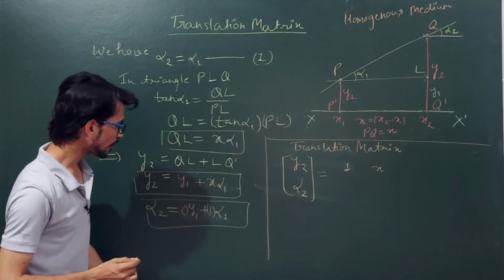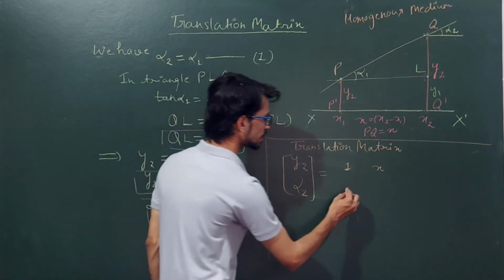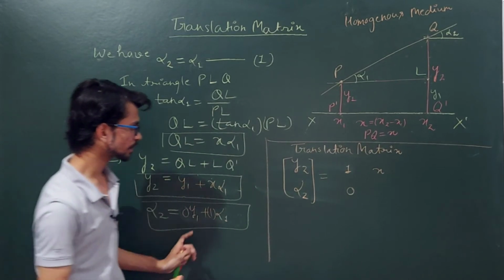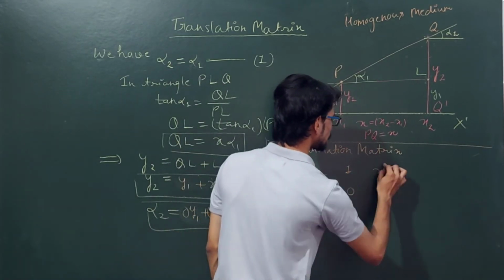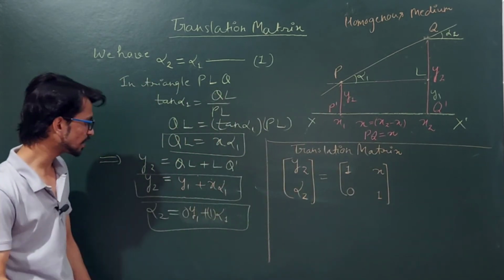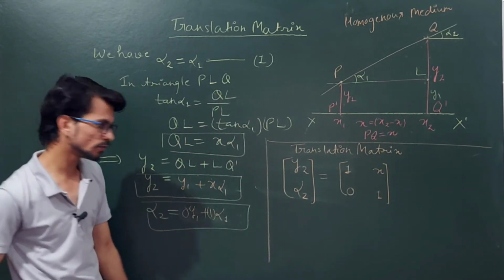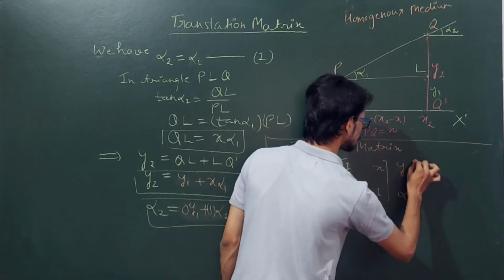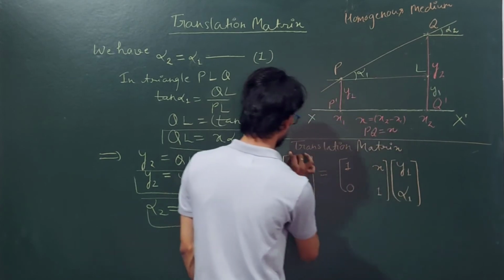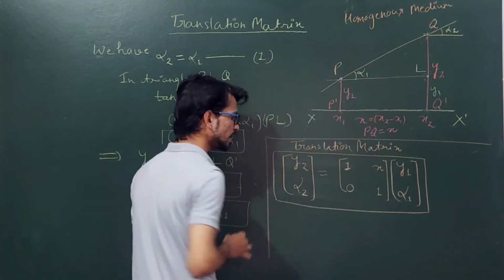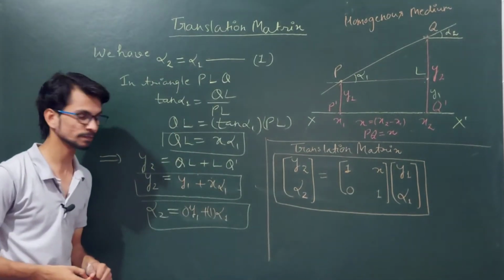In the second equation, the coefficient of y1 is 0 and the coefficient of alpha 1 is 1. So this is the matrix for this equation having the variables y1 and alpha 1. So this is the complete form of the translation matrix.